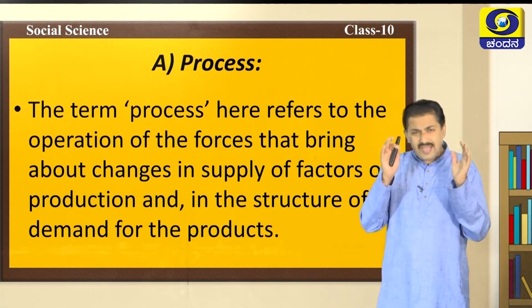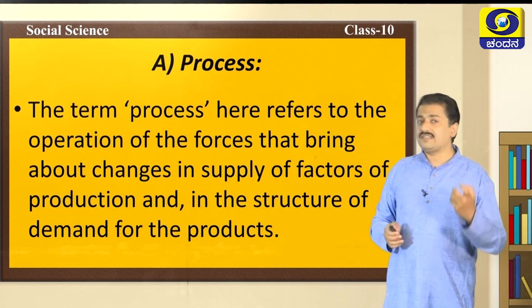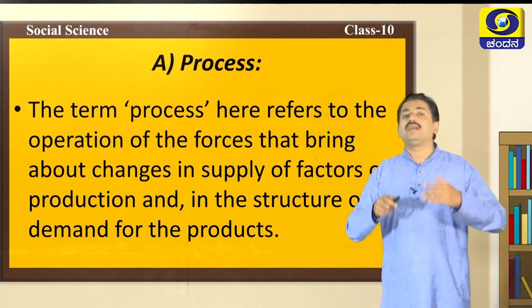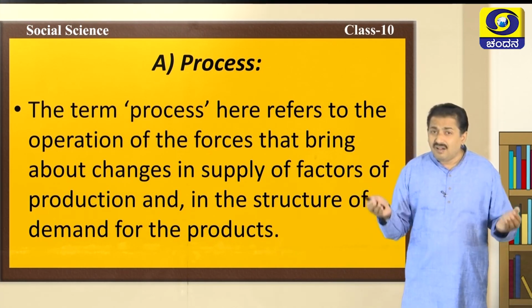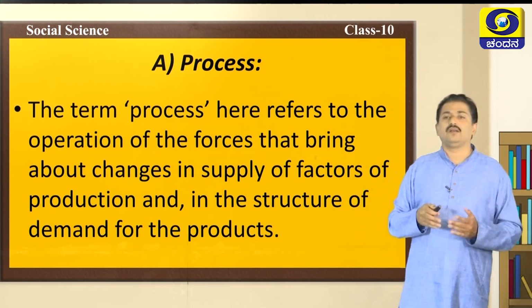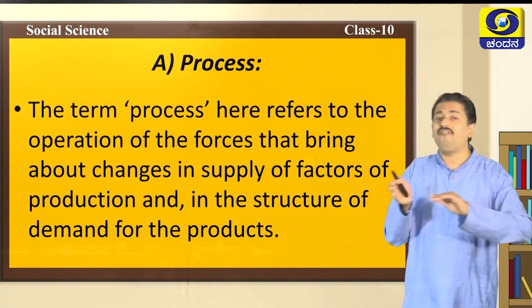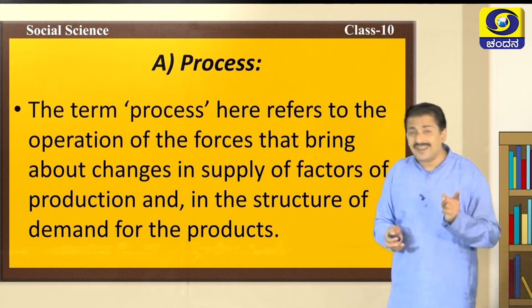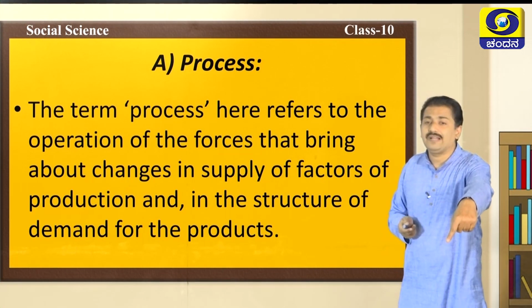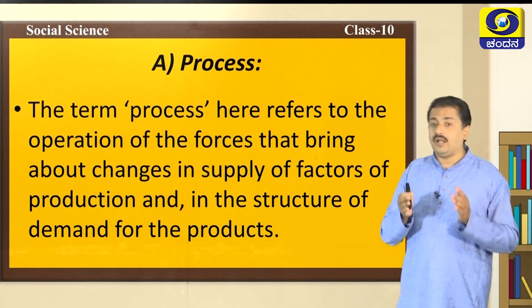To produce anything, you require certain factors of production, say for example land, labor, capital. All these are very much required to produce any product. So, the changes in the supply of factors of production directly affect the economic development. So, it affects the production.